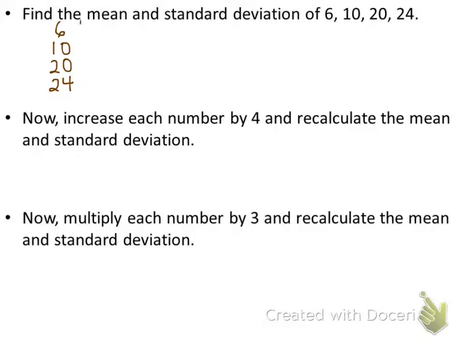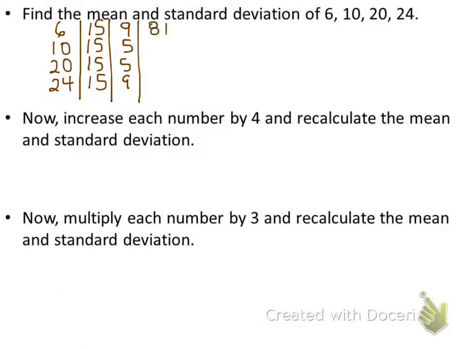We divide that by 4, so our mean is 15. Then the difference from that mean is 9, 5, 5, and 9. We square the difference, and we get 81, 25, 25, and 81.